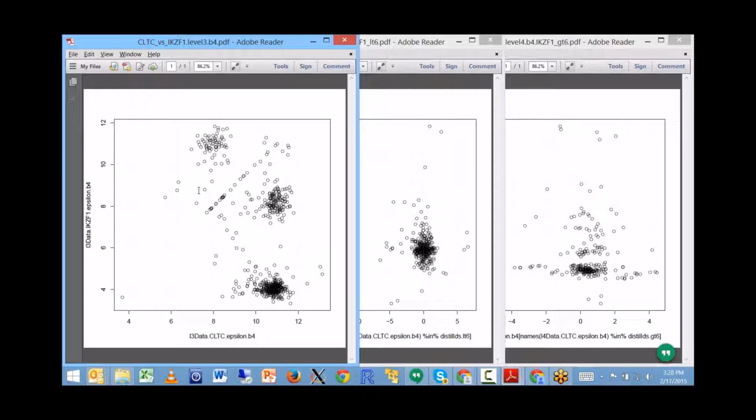So my hypothesis here was that this gene, IKZF1, is actually expressed at relatively low levels. And if you can see, the expression level of the gene on the x-axis is fairly uniform in both of these clusters; it doesn't shift all that much.